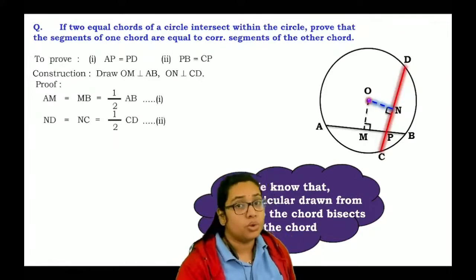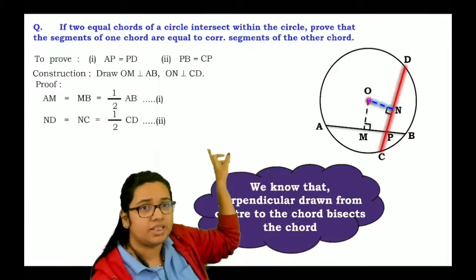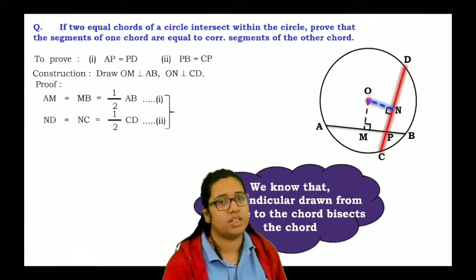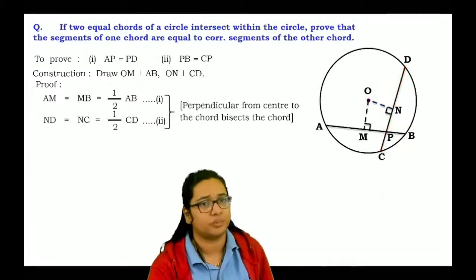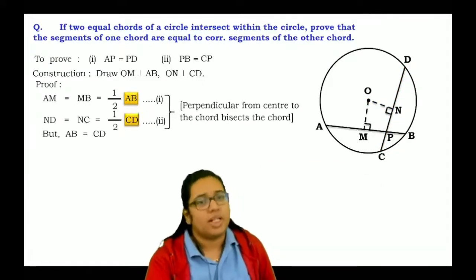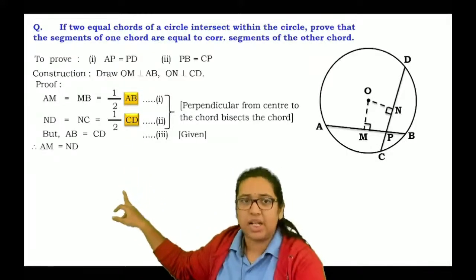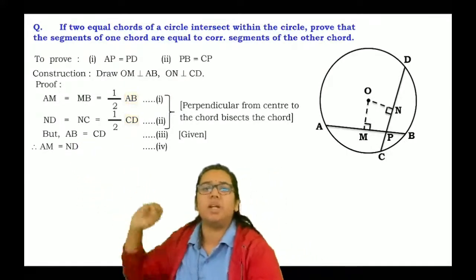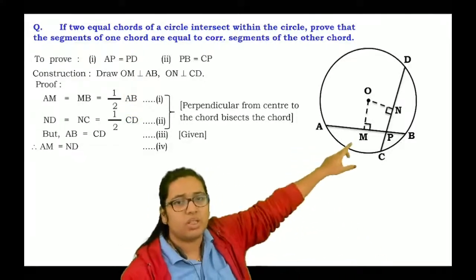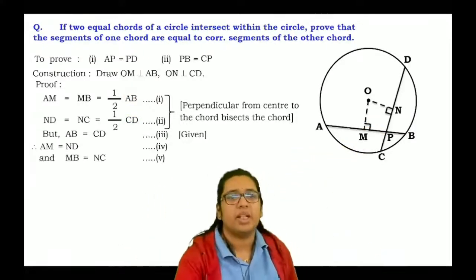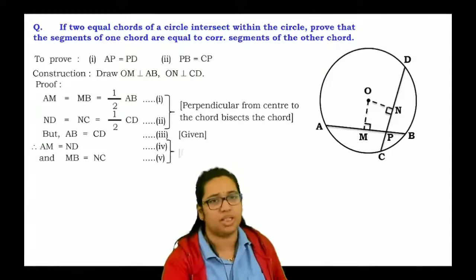But already you know that AB and CD are equal, right? We are considering two equal chords. We know that AB and CD will be equal. Hence, we can say that AM is the same as NB. AM is the same as NB. And NB is the same as NC.